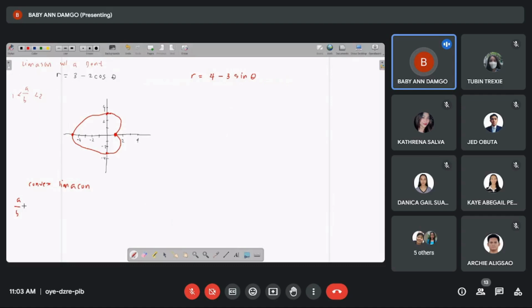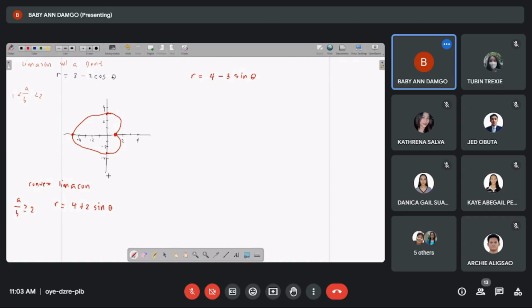So if we have R is equal to 4 plus 2 sine theta. Okay, so it's 1, 2, 3, 4, 5, 6.